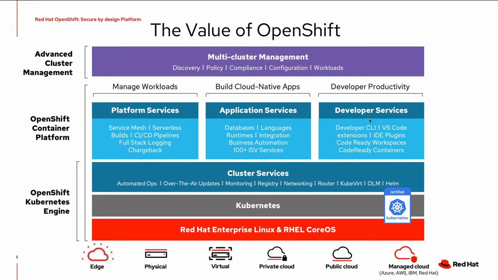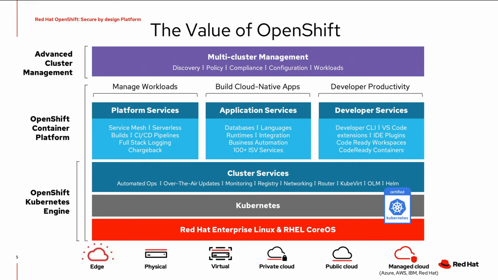I always think about if I had attempted to implement the community version of Kubernetes, I would need to add a lot of these services anyway. For example, I would need an operating system. I'd need monitoring and networking policies, a container registry. I definitely need some developer tooling. And if I had multiple clusters, which I know all enterprises do, I definitely would need an interface to manage those clusters. So this is the value of OpenShift.